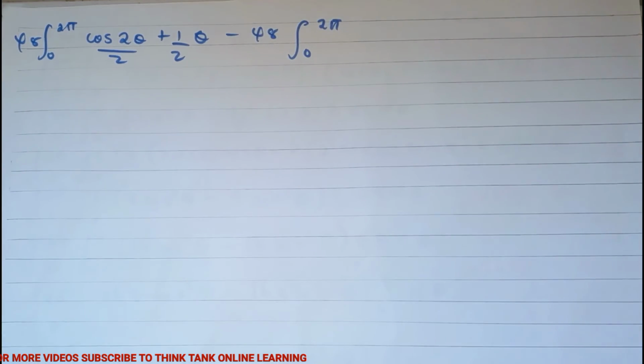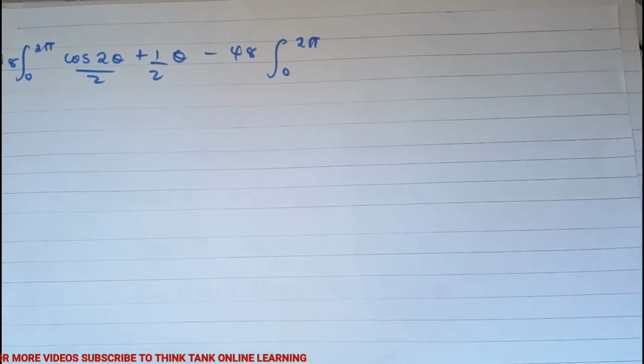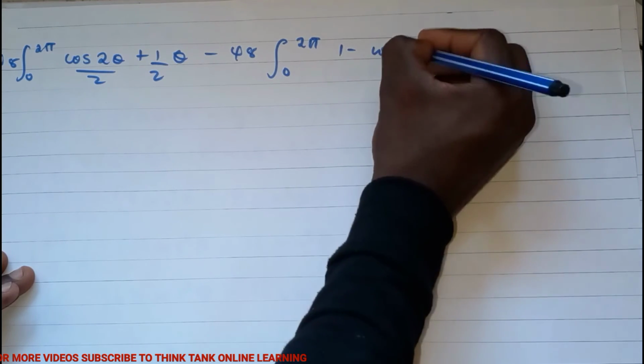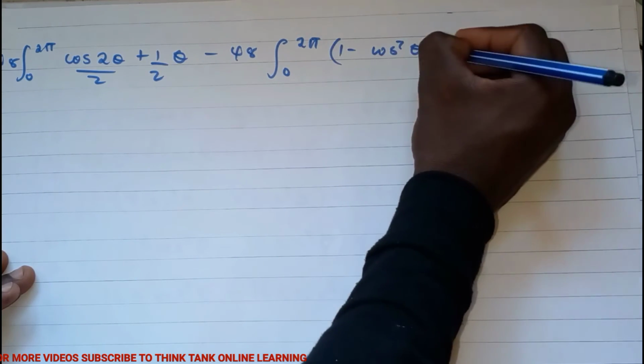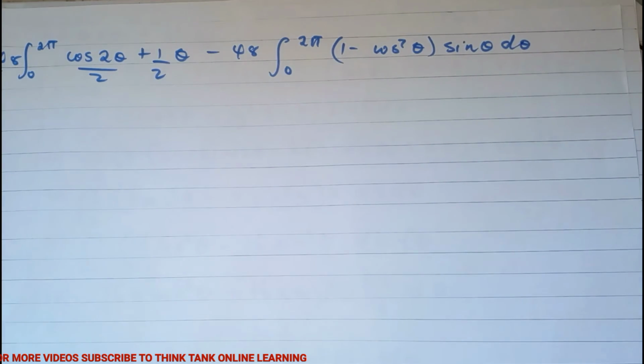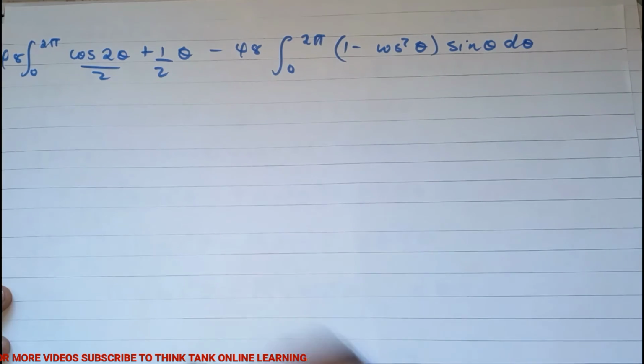Okay, so look, we have sine squared theta, so I'm going to write sine squared theta as 1 minus cos squared theta, all times sine theta d theta.